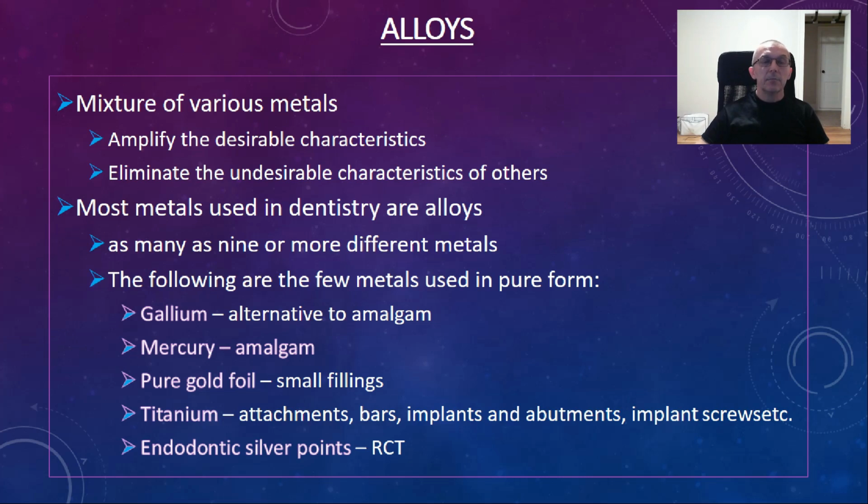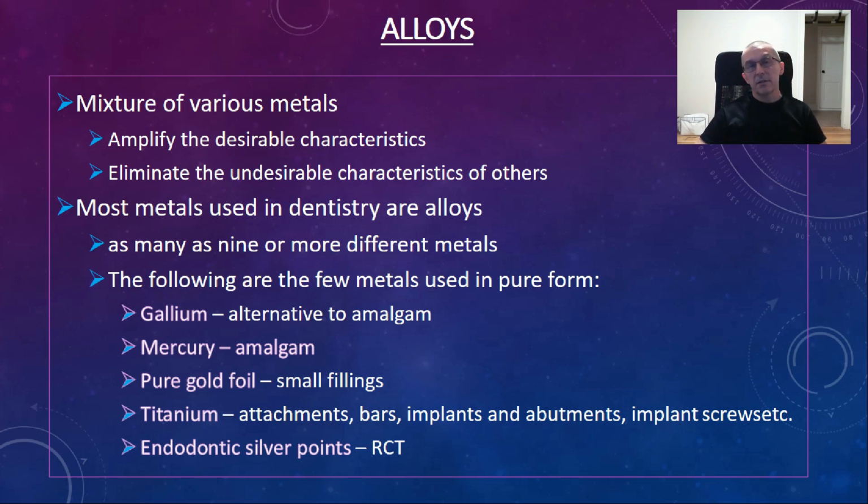Both gallium and mercury are metals that are liquid at room temperature. Pure gold, like I said before, you use it for small fillings. Titanium, we're using it on attachments, bars, implants, abutments, implant screws, etc.